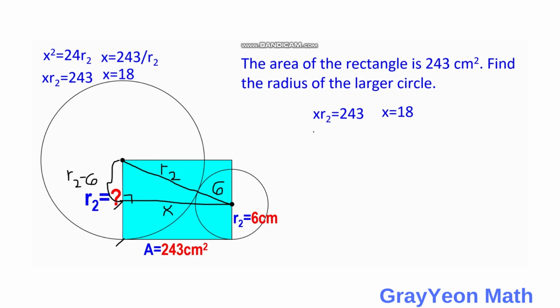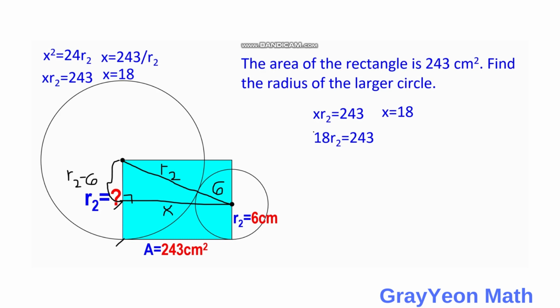Next, we use the second equation and the value of X that we got earlier. We have X times R sub 2 is equal to 243 and X is equal to 18, so 18 R sub 2 is equal to 243.